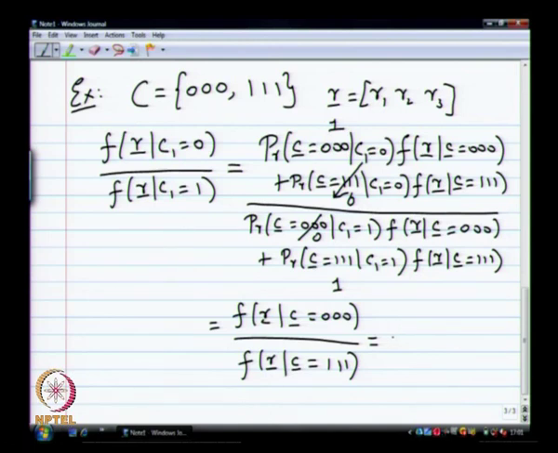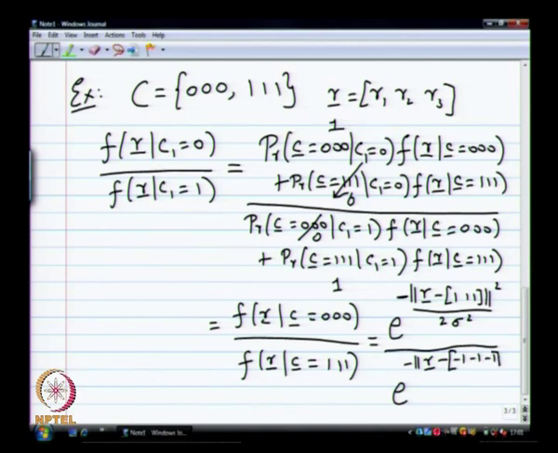So essentially this is going to be e power minus the squared norm of R minus 1 1 1, divided by 2 sigma square, the whole thing divided by e power minus the squared norm of R minus minus 1 minus 1 minus 1, divided by 2 sigma square.